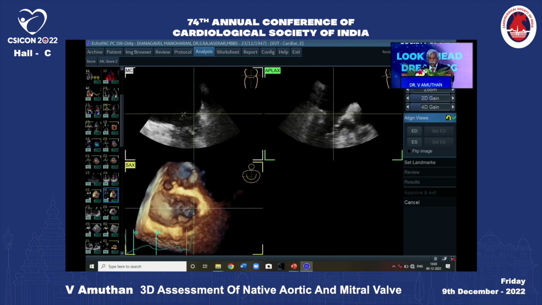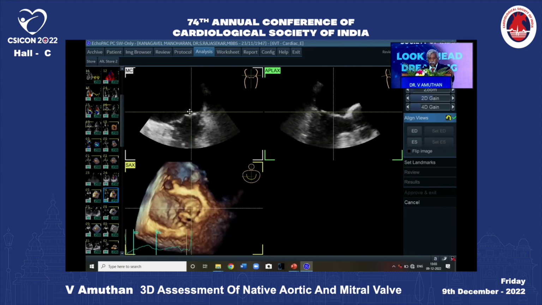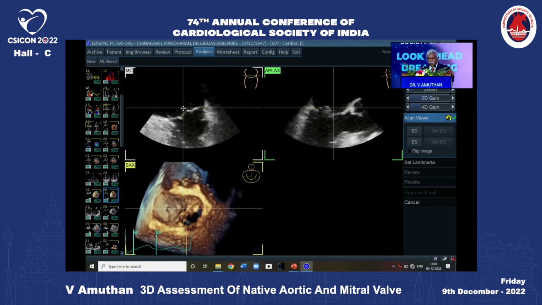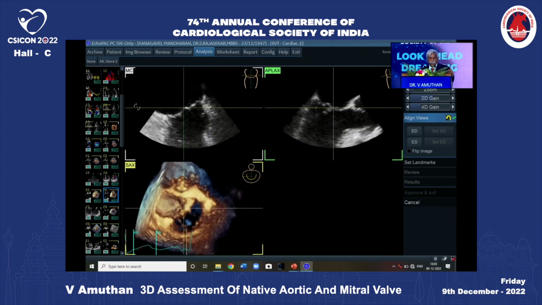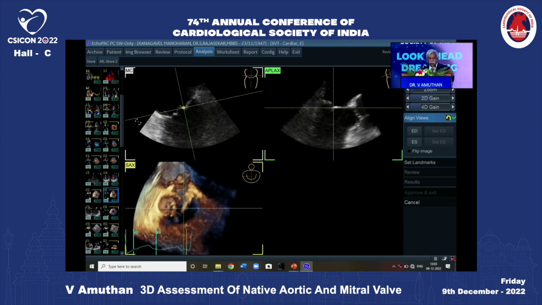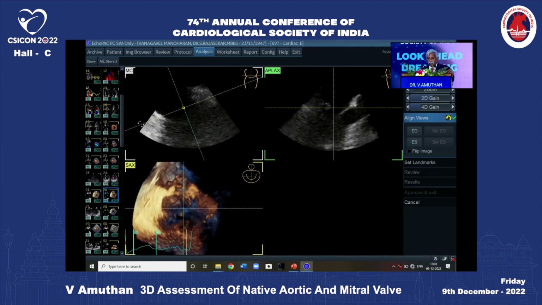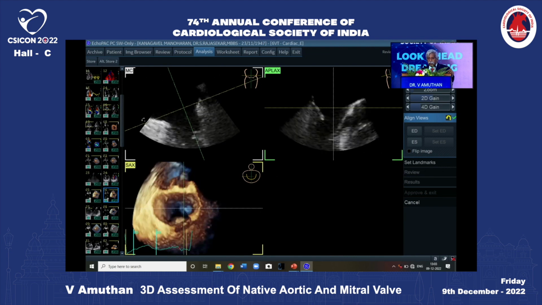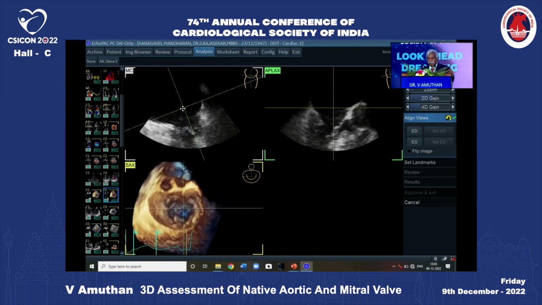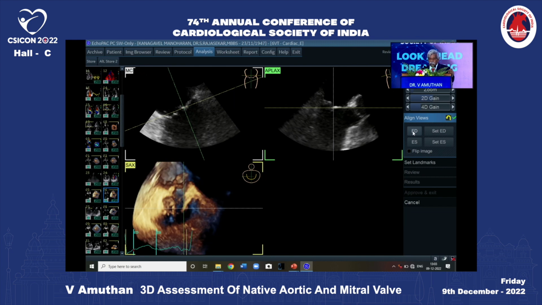Now these have to be placed over the center, just above the mitral valve on the left atrial side. You have to move that and then keep it correctly. I'm just showing this fast, so it may not be accurate; it may be time consuming.